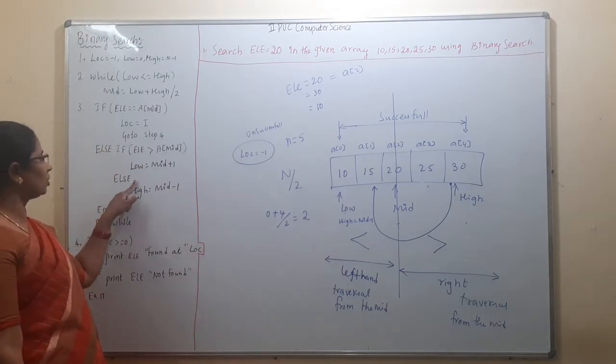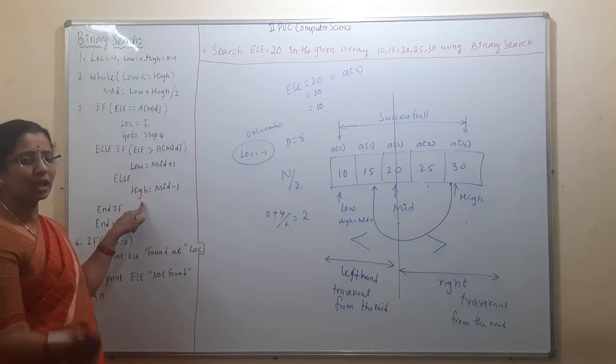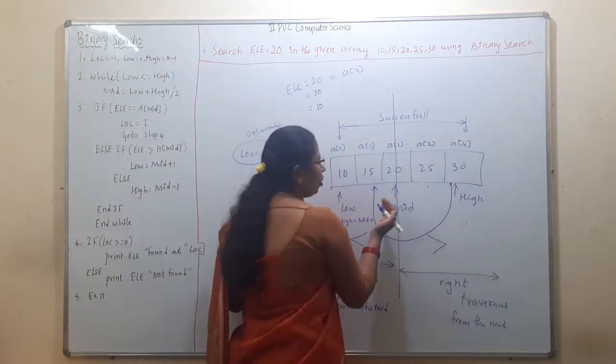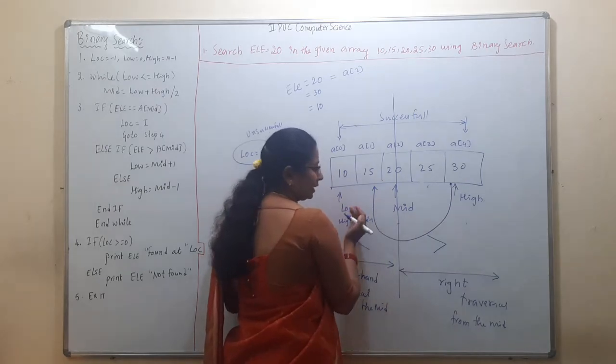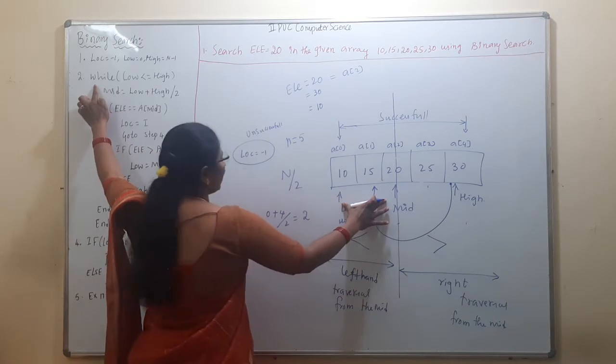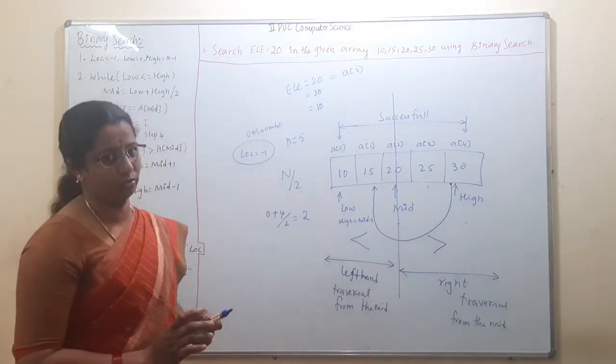Here the condition is a less than condition. Traverse towards the left hand side, bring your high pointer to the left hand side, then traverse between these two low and high. Again the while loop will be repeated until the element is found.